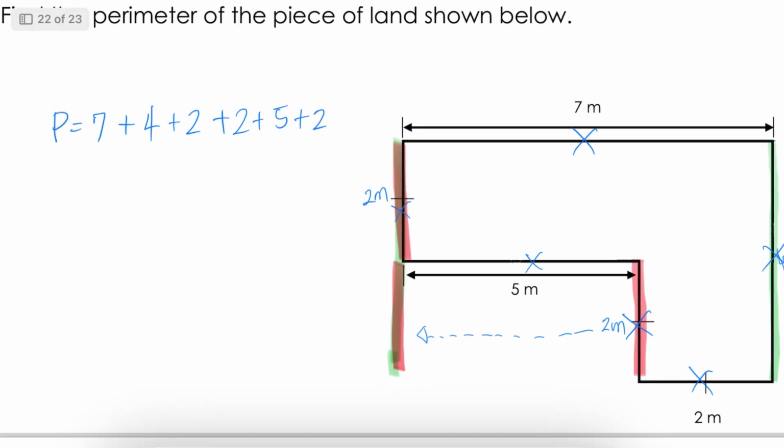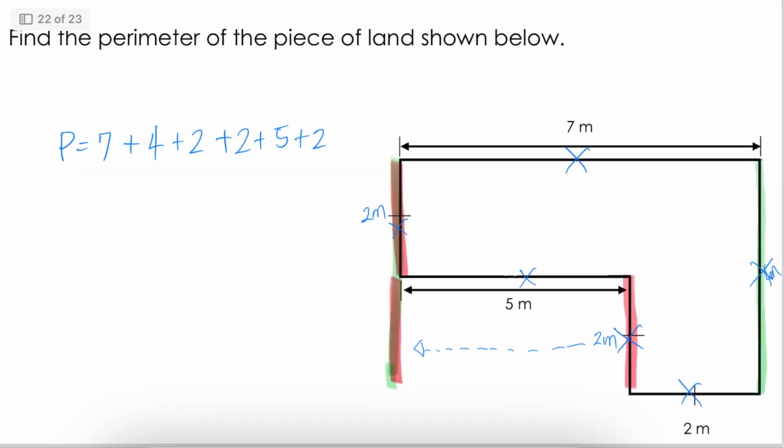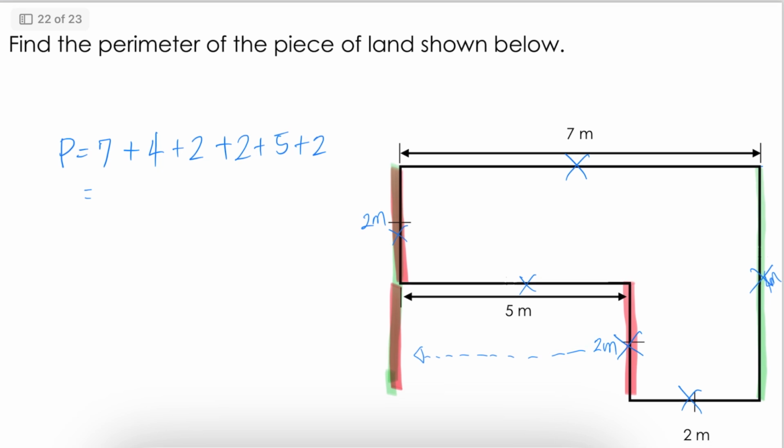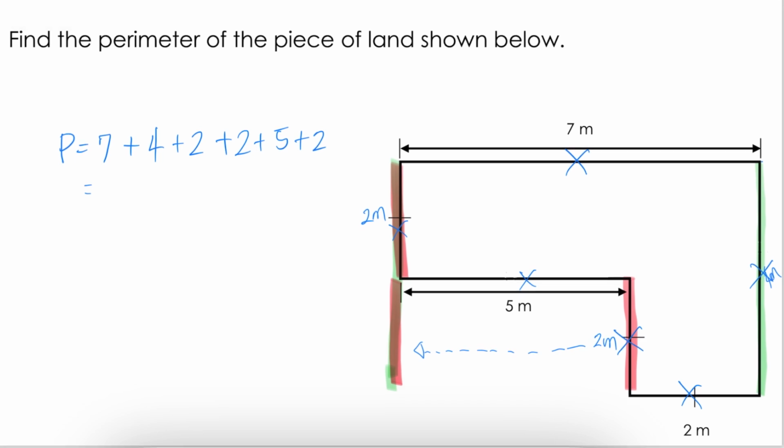I can now get the perimeter of this figure by just adding all of these. So 7 plus 4 is 11, plus 2 is 13, plus 2 is 15, plus 5 is 20, plus 2 is 22. So the perimeter is 22 meters.